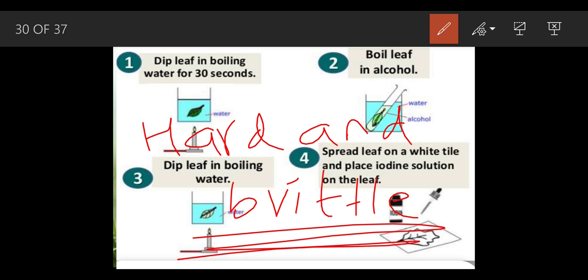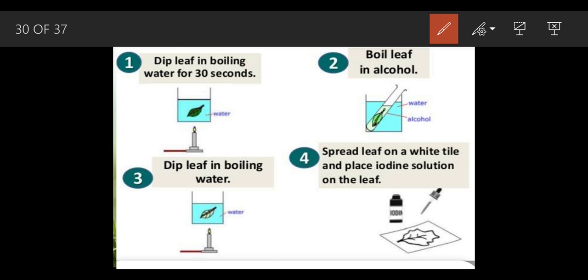So in the third step, we should dip the leaf in boiling water. Why should we dip the leaf in boiling water? Because it will help to soften the leaf. The leaf which was hard and brittle becomes soft if we boil it for around 10 to 15 seconds.